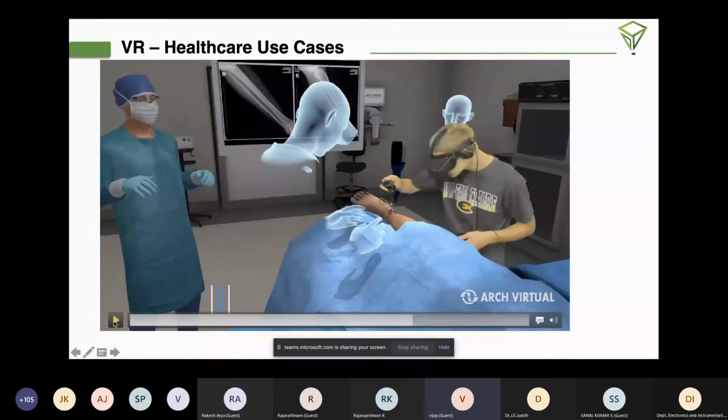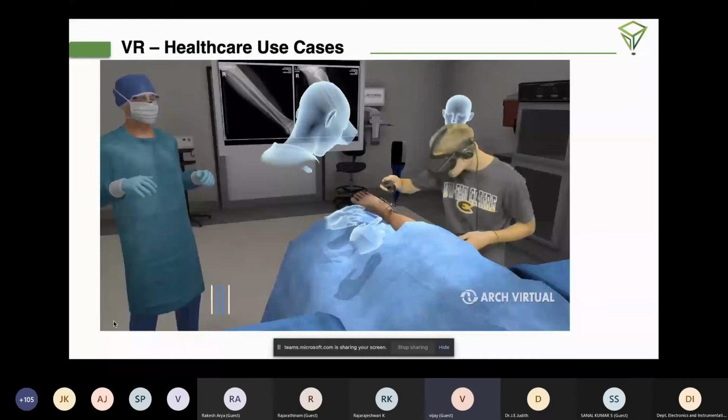In this particular scenario, just a quick disclaimer: this particular work is not done by us. It is some other company. I'm showing it to you just to make sure you understand what's what. In this video, you see it is not just one person working on the surgery. Multiple people, all those holographic heads you see floating around, are people working from different locations.